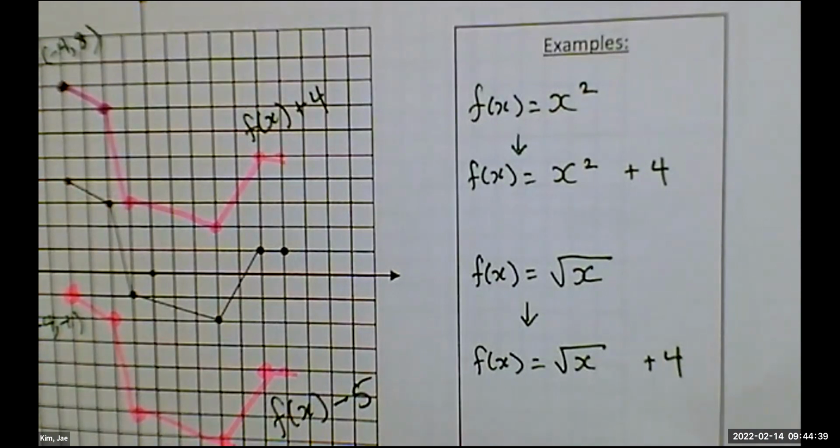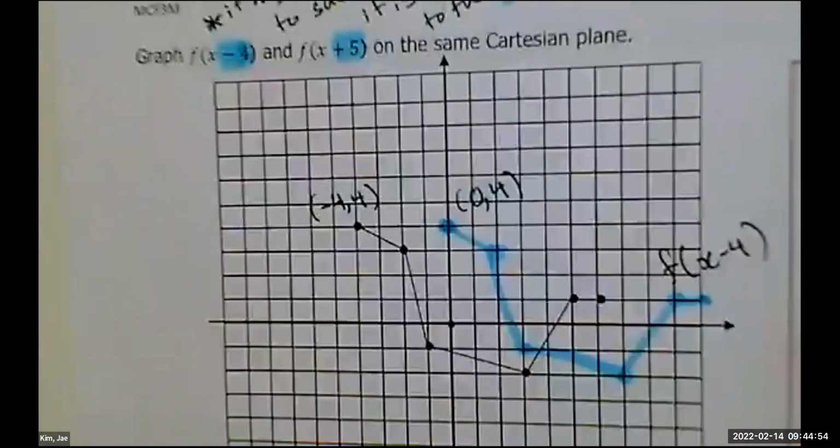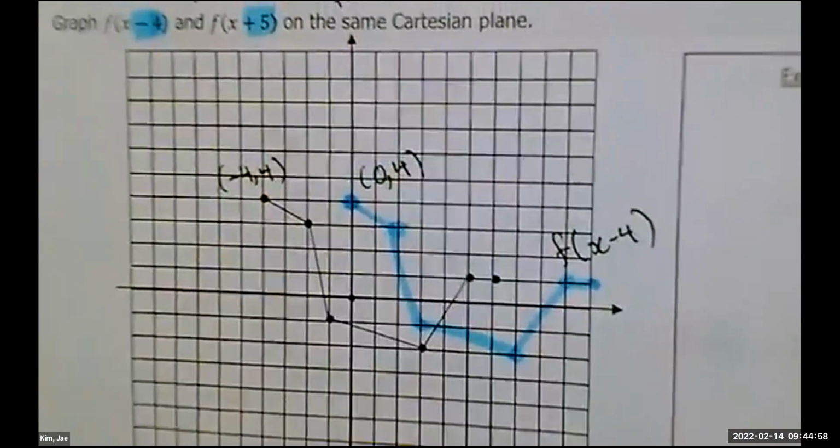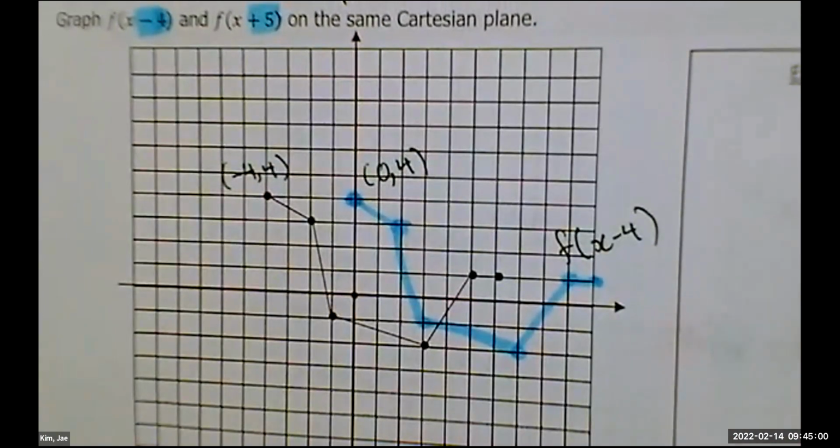So if it looks like it's adding, then we must be shifting it to the left. I'll give you a good minute. f of x plus 5. Sketch it.